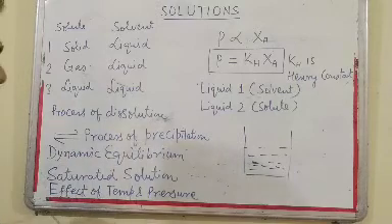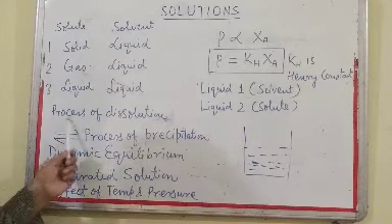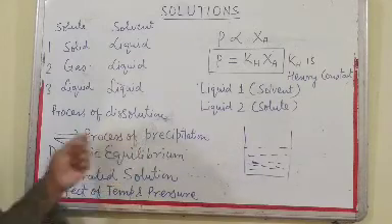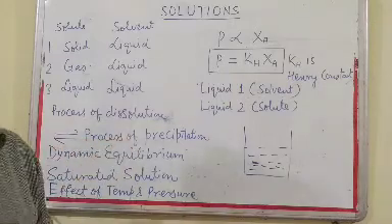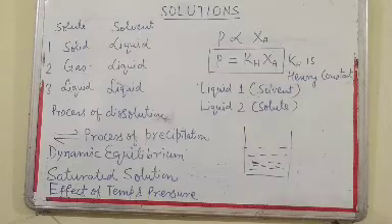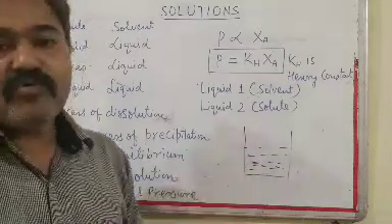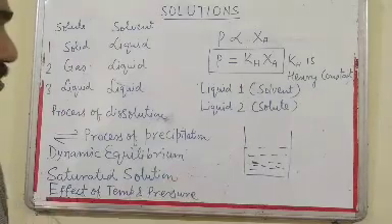This process that is taking place is known as the process of dissolution. Okay, initially the rate of the process of dissolution is the first state. Now we add some more salt to the same amount of the solvent.